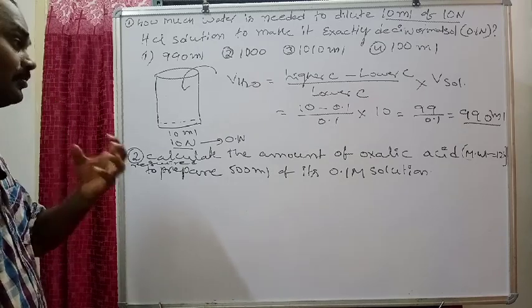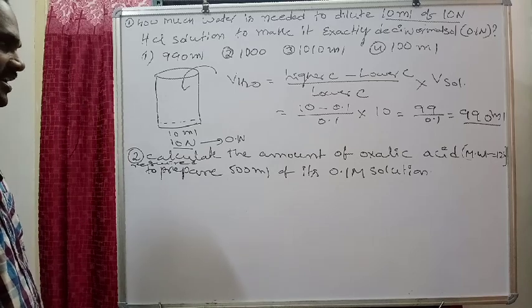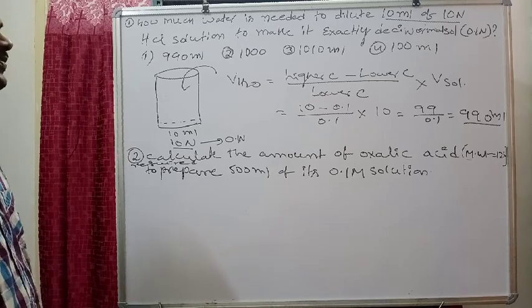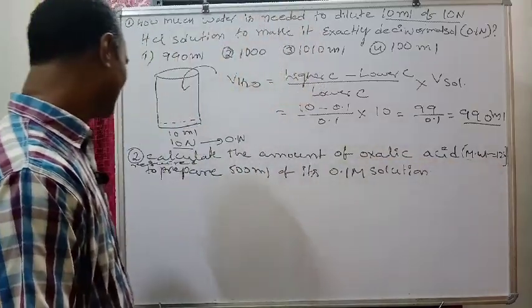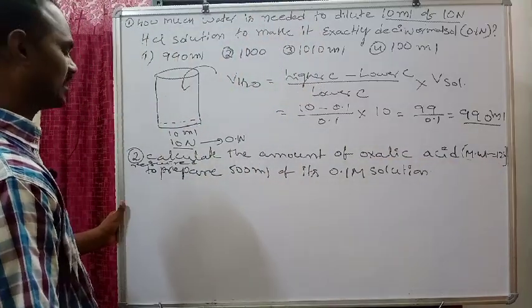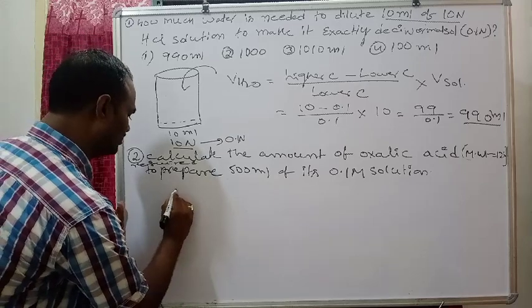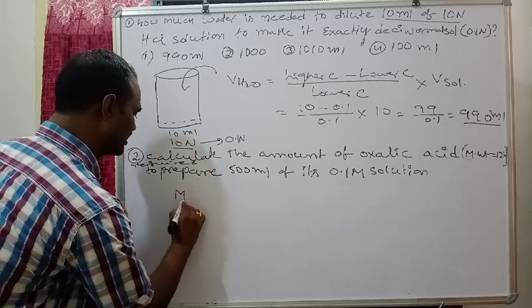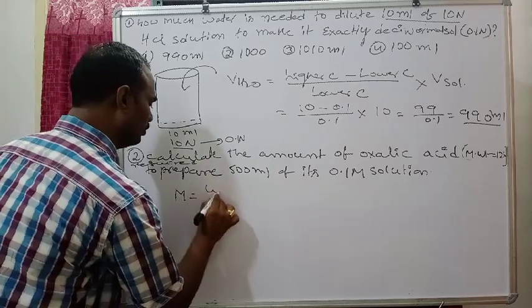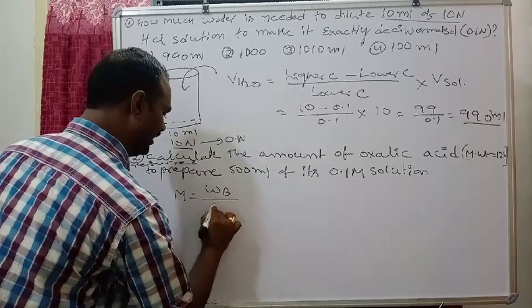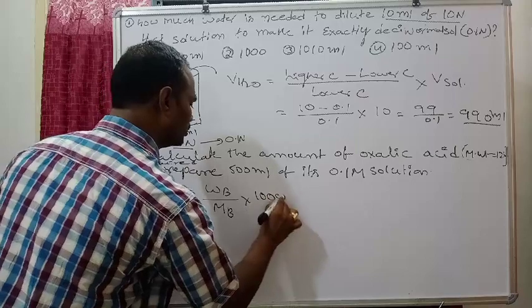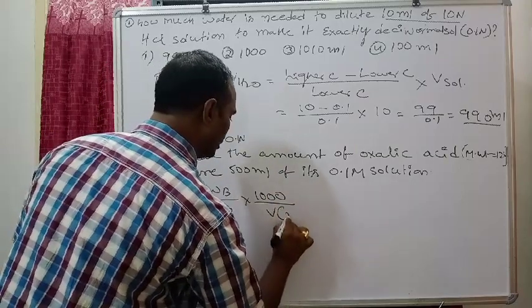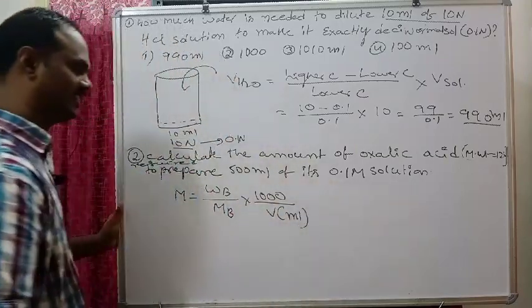Here they are asking the mass of oxalic acid. The molar mass of oxalic acid is given as 126. To calculate molarity, what formula are we using? Molarity is equal to mass of solute by molar mass of solute into 1000 by volume in milliliters.